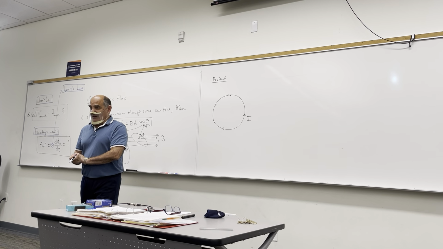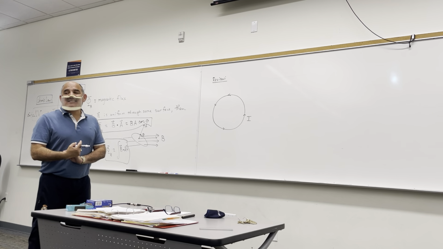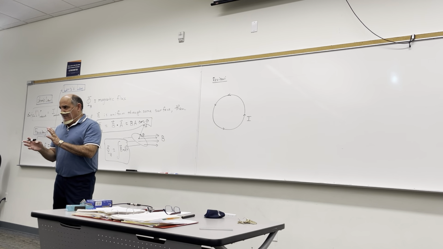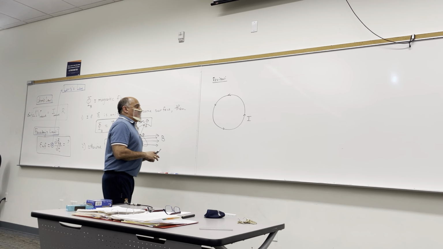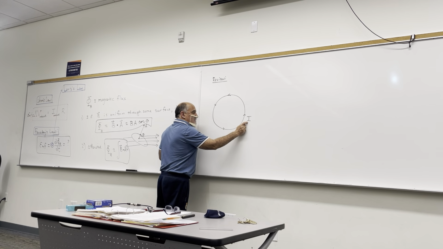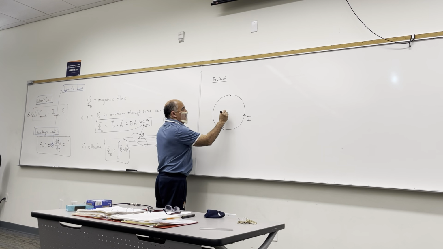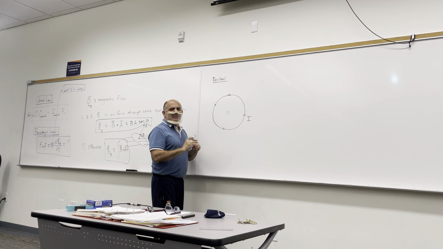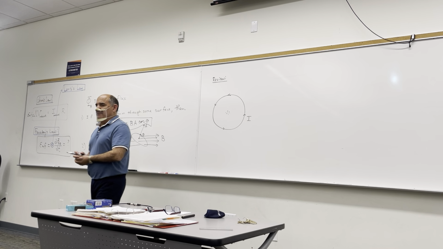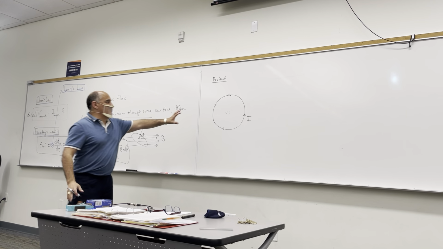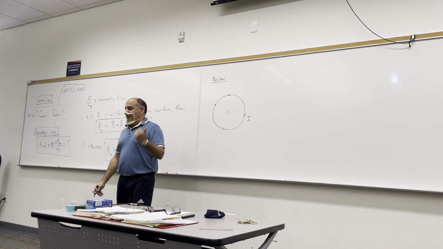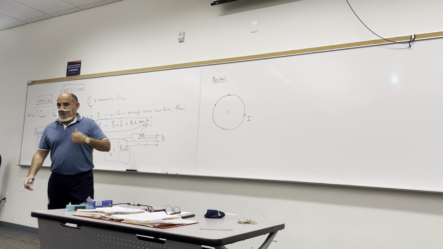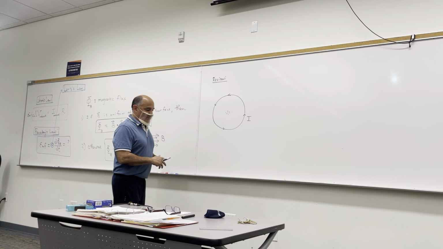So here's a question that I have for you. I don't care about the magnitude, just the direction of the magnetic field that is produced by this current in this loop, let's say near the middle, or in this region over here. What is the direction of the magnetic field generated by that current in that loop? Which way?